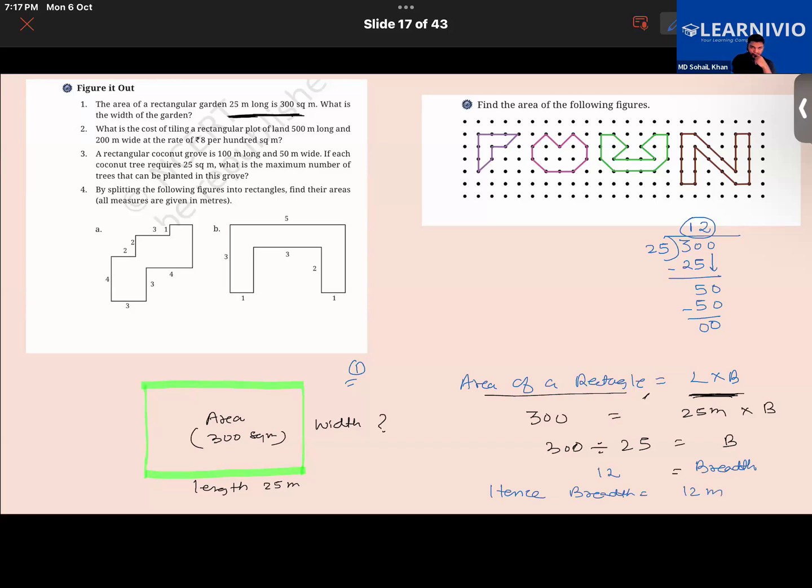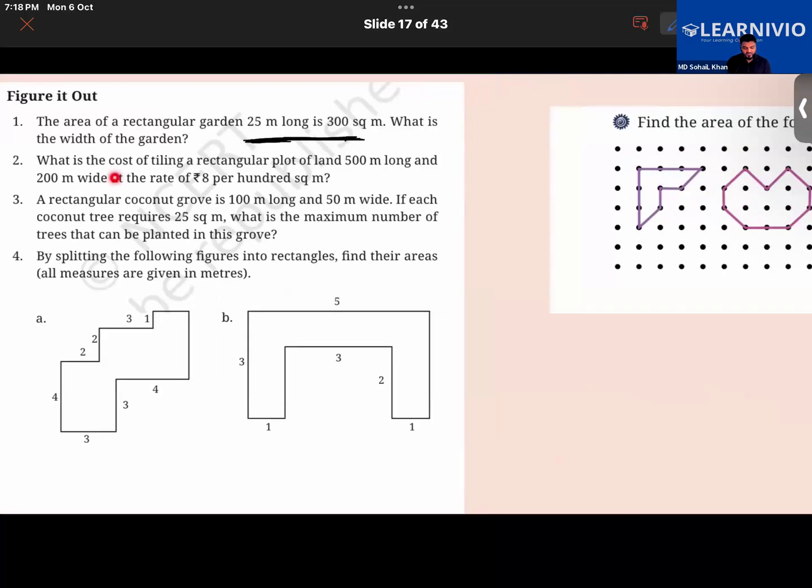Second question says that you have to find the cost of tiling a rectangular plot of land whose length is 500 meter and breadth is 200 meter. The rate of tiling is given as rupees 8 per 100 square meter.